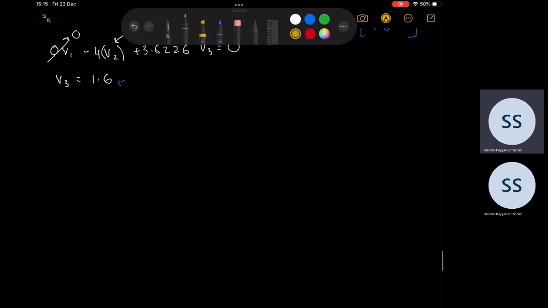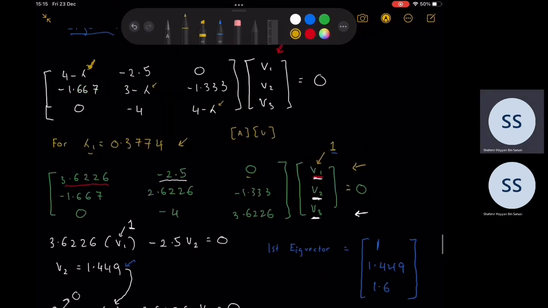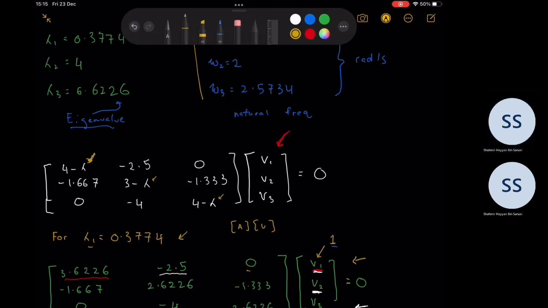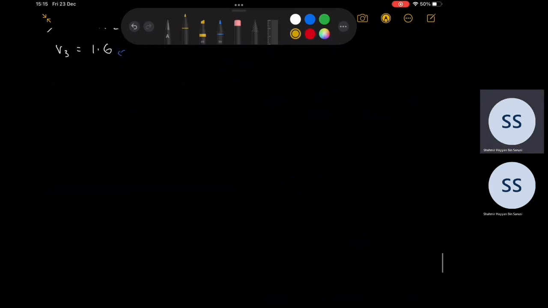So how do we obtain the second eigenvector? It's the same thing again. Replace lambda 2 now in this matrix. In order for us to get the second eigenvector, we need to use the second eigenvalue, which is lambda 2 equals 4.